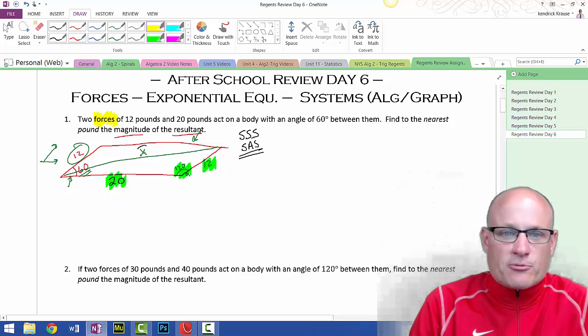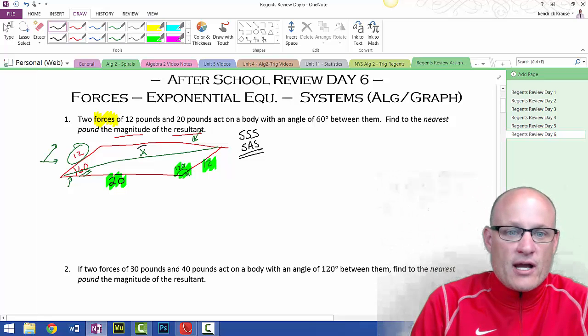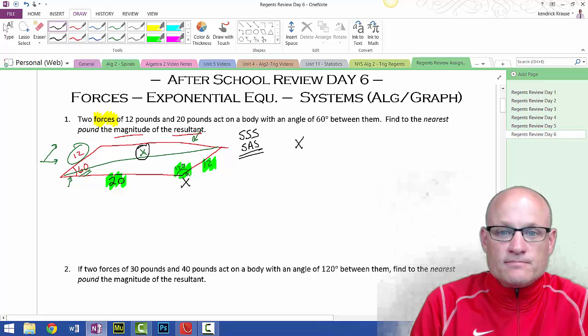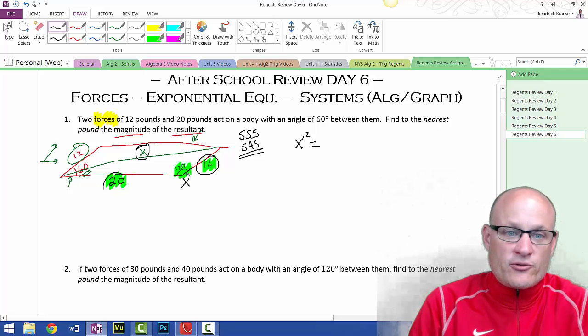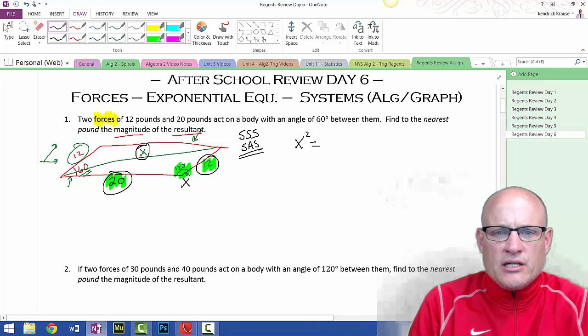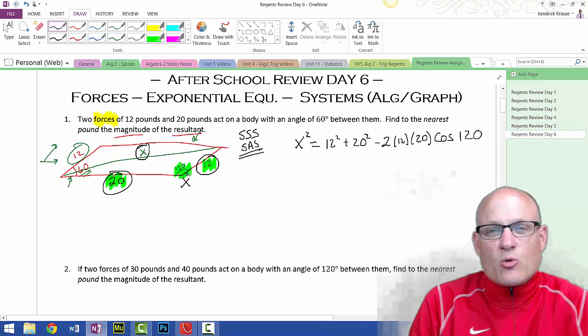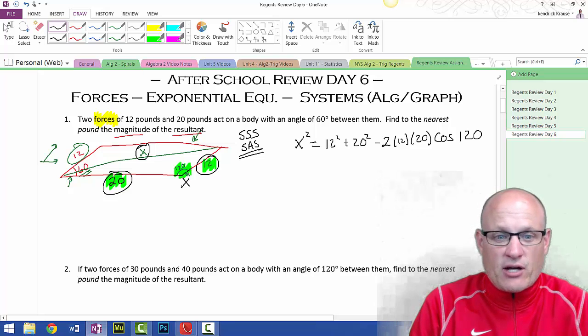I'm looking for X, so X starts it: X squared is equal to the other two sides, like b and c, so 12 squared plus 20 squared minus 2 times 12 times 20 times cosine of 120. Be careful: you have to hit cosine on your calculator.